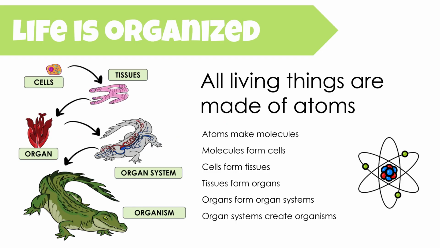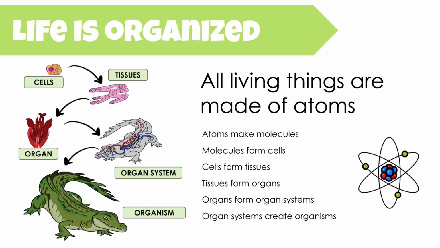Before getting into the logistics of what a macromolecule is, we need to go back and think about the fact that in the study of biology, we're looking at life, and life itself is very organized. The most basic unit of a living organism is a single cell.